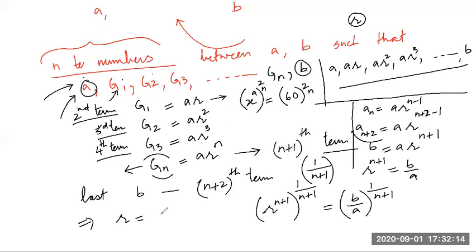So r is equal to b by a whole raised to power 1 by n plus 1. I got the expression of the common ratio. Very good. R is equal to B by A whole raised to power 1 by n plus 1.